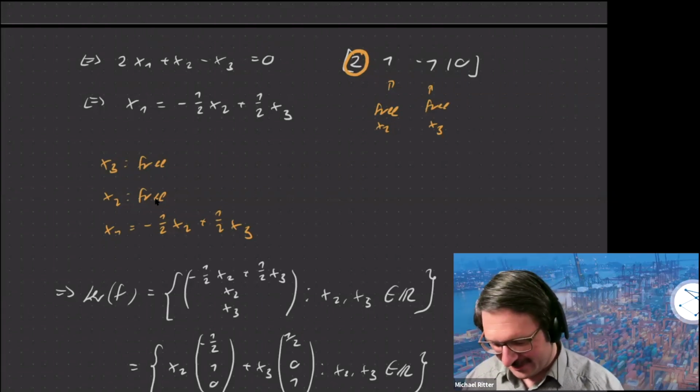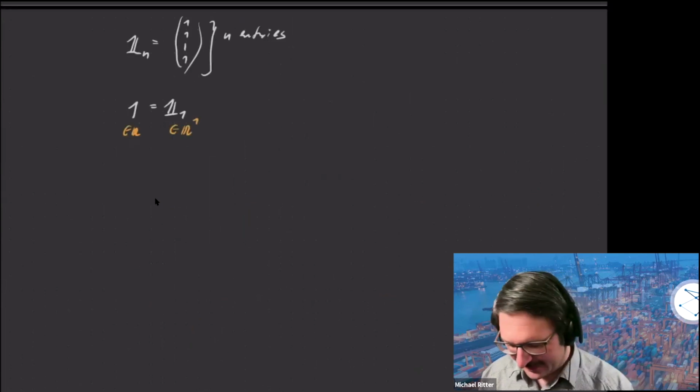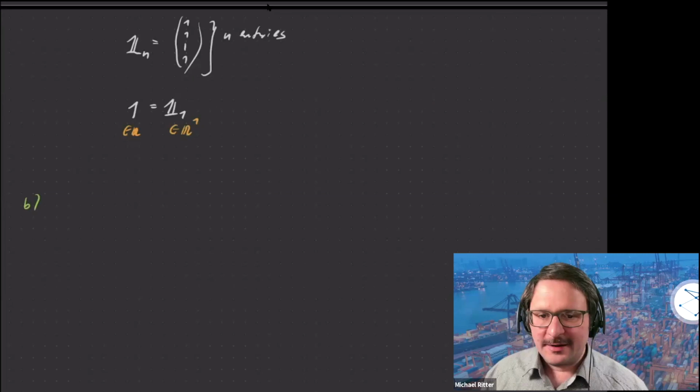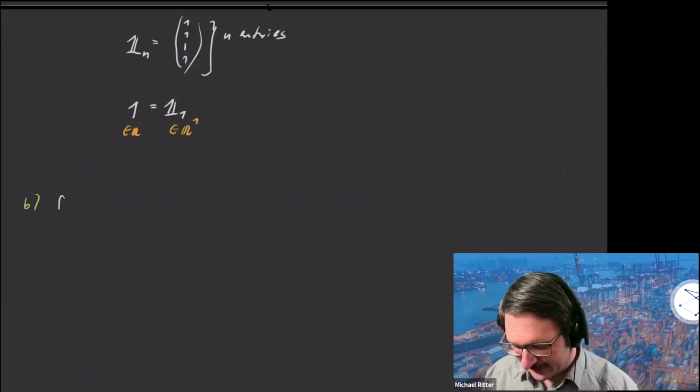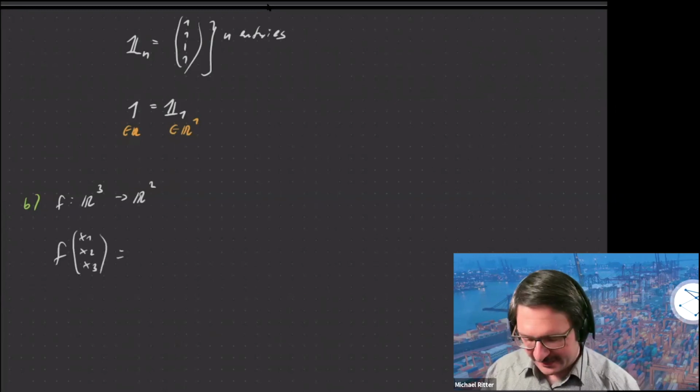Okay, good. So let's talk about B very quickly. In B, we have another function that's defined on R3, and the codomain is R2 in this case. And the definition is f of x1, x2, x3 is defined as x1 minus x2 and 1.